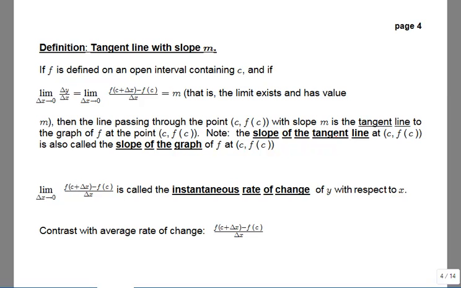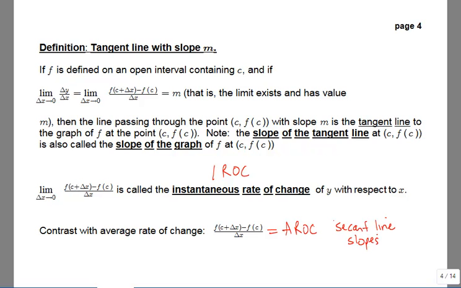Note that the slope of the tangent line at c, f of c is sometimes just called the slope of the graph of f at c. When you take the limit as delta x goes to 0, that's what turns this into the tangent line slope. And that's also what turns it into something called the instantaneous rate of change. If you don't have that limit out front and you just have this difference quotient right here, that's called an average rate of change. So the average rate of change are these secant line slopes.